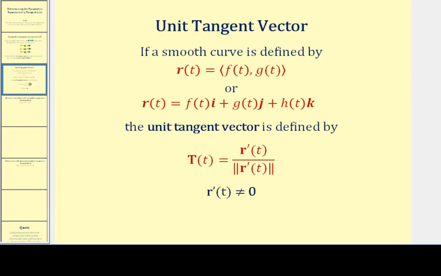And again, one more thing to review. In order to find a unit tangent vector, we need to find the derivative of the given vector valued function and then divide by the magnitude. Again, we don't have to find the unit tangent vector. A tangent vector will do, but it is common to determine the components of the unit tangent vector instead of just a tangent vector. Let's go and look at an example.